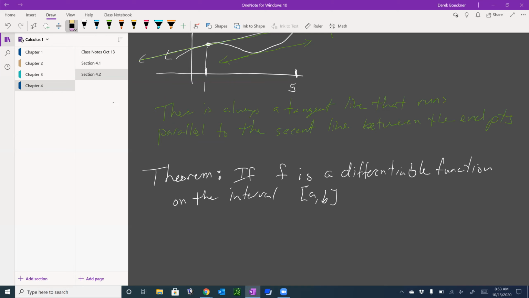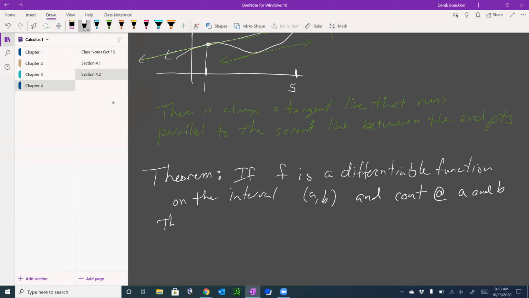Let me go differentiable on the interior and continuous at A and B. So it's going to be continuous on the entire thing because it's differentiable on the interior and continuous on the endpoints. It's continuous everywhere.